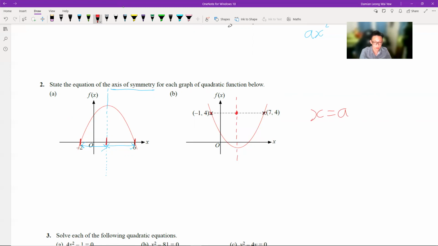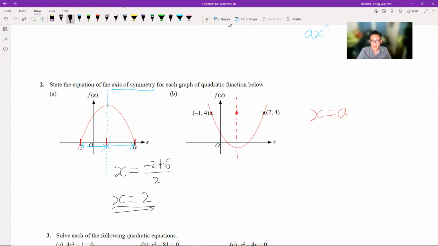So to find the axis of symmetry, just take x equals to the average of the x coordinates of your roots here. -2 plus 6 divided by 2. So it will be x equals 2. That's the equation.